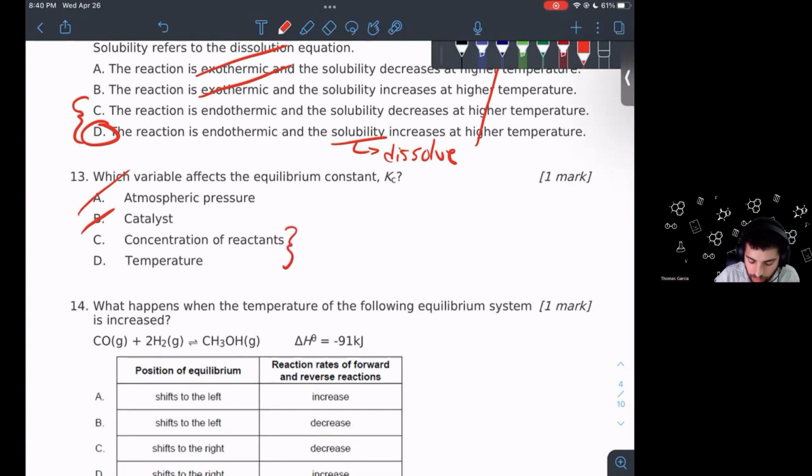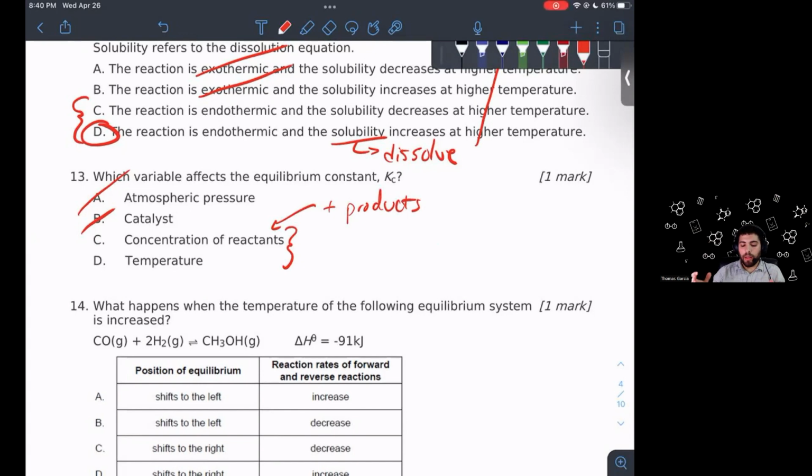But one of these answers is not just incorrect, it's incomplete. And that's this one. We need concentration of reactants plus products. We need both. And as we change those concentrations, the equilibrium will shift anyways.